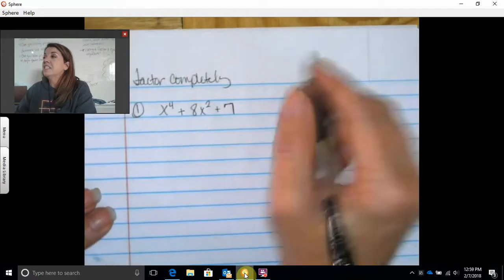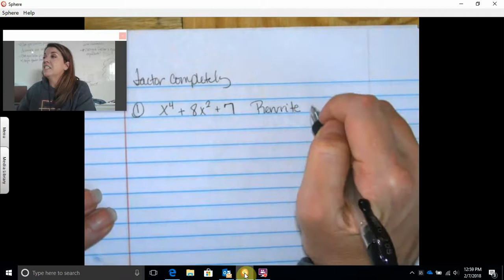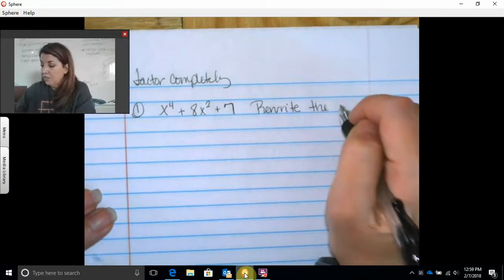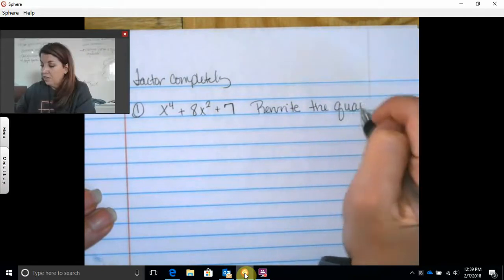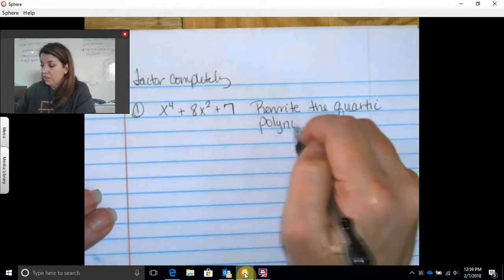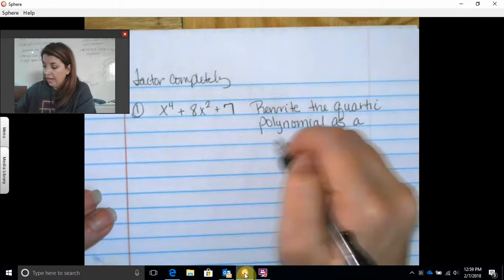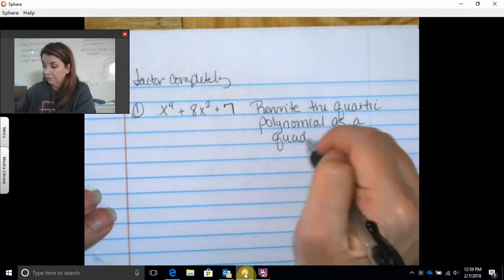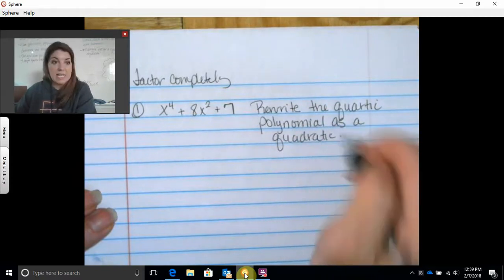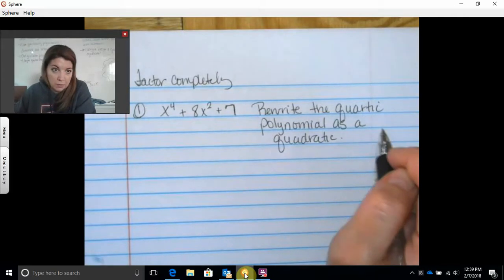We call it rewrite the quartic polynomial as a quadratic. And it's kind of weird, but it works. I don't know why. I didn't make it up, but it works.